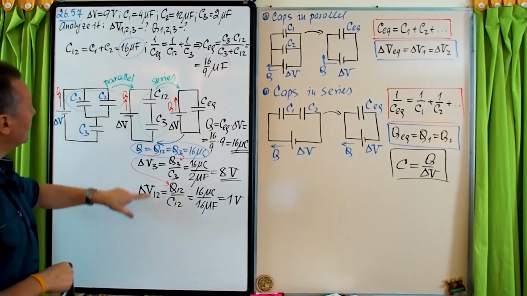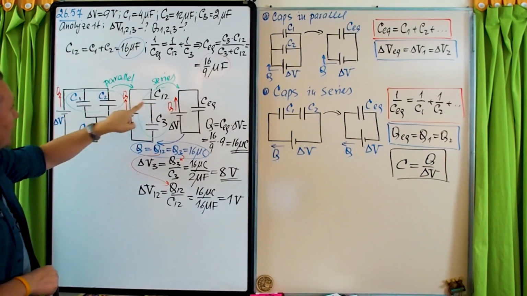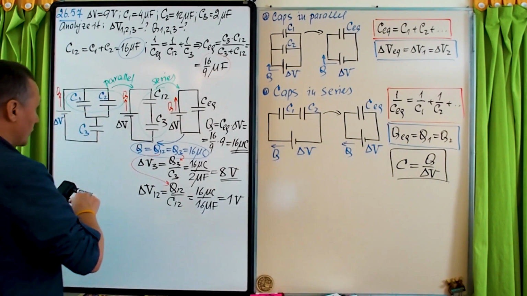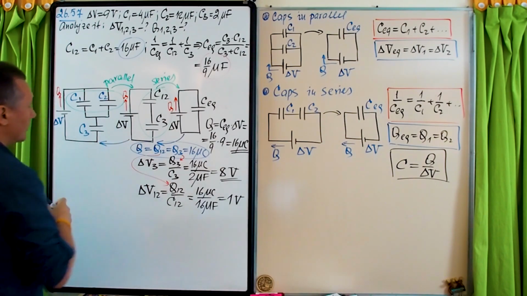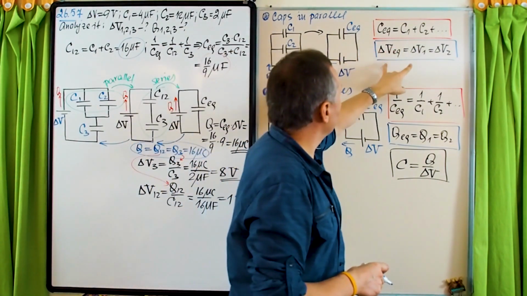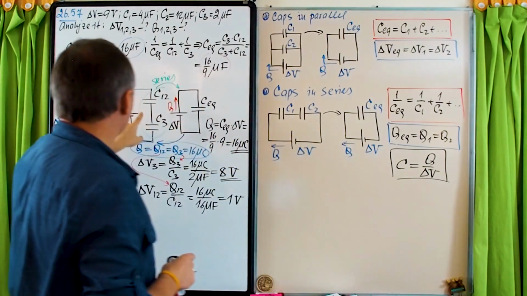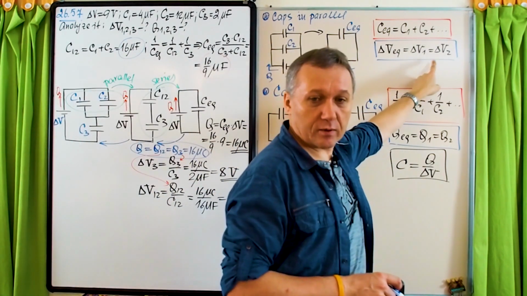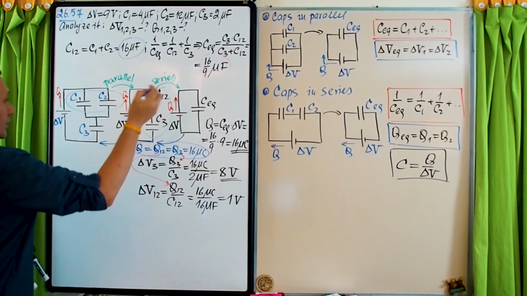So now we know the potential difference across this capacitor C12, but inside of this C12 we have 2 capacitors connected in parallel. So now we can use the next bridge. The potential difference across the capacitor C12 equals the potential difference across capacitor 1 and capacitor 2. So here we used charges, now we use potential differences, right?